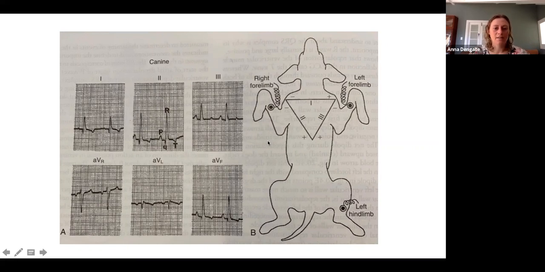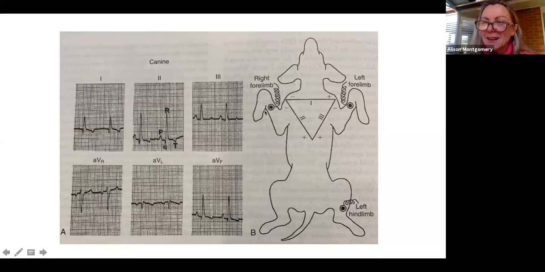What about, let me just check my notes here. So what about if we've got a P wave? Should P waves always look the same? In a healthy animal, yes.